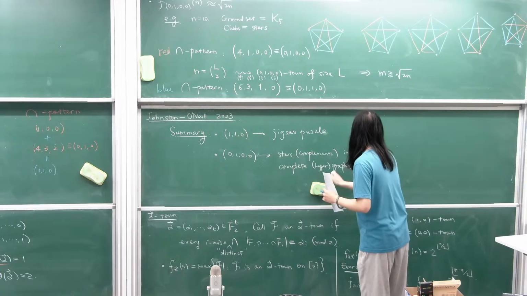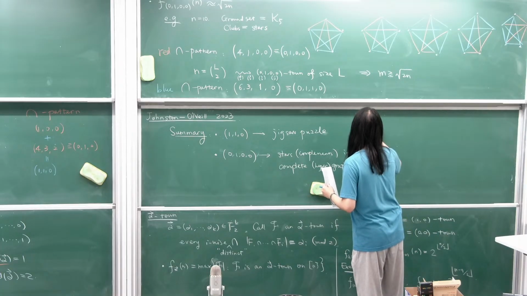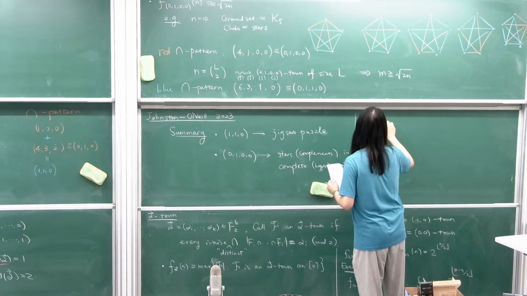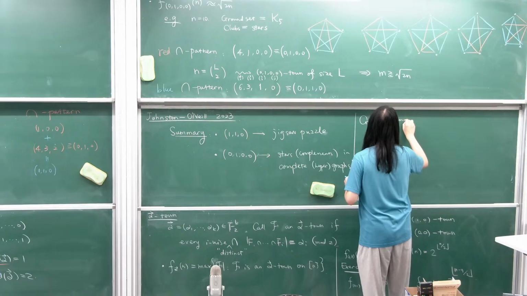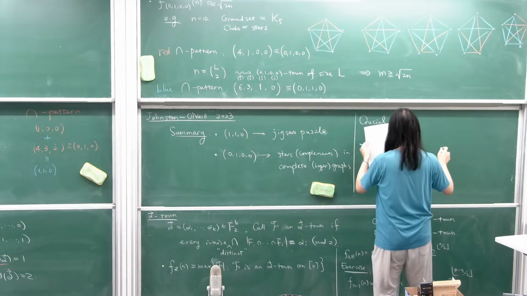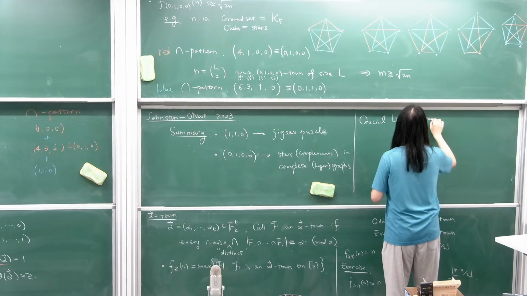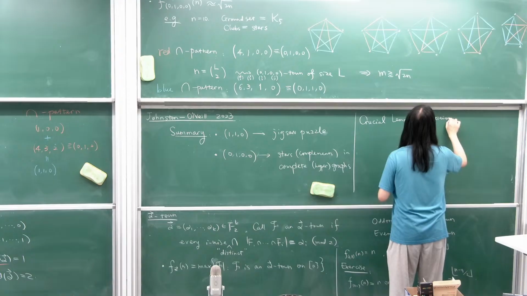So now let me introduce the crucial lemma, which is also called Cartesian sum.